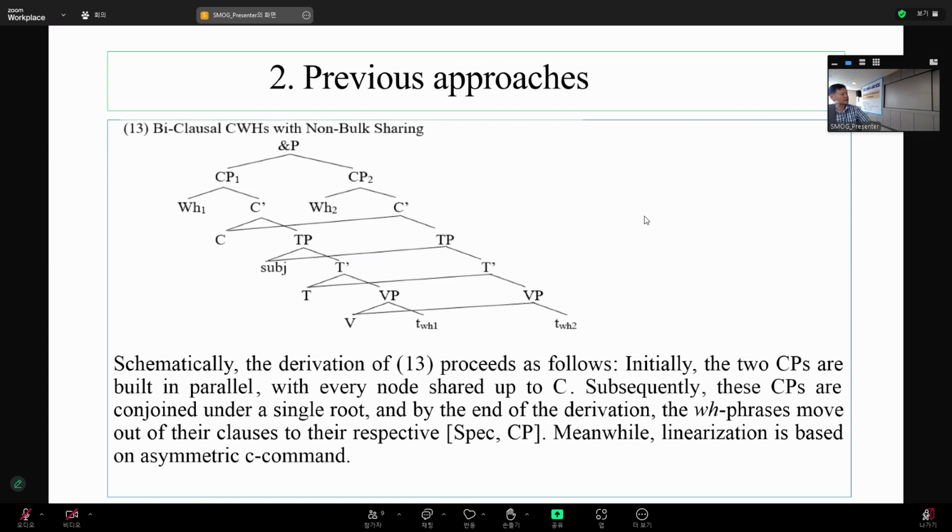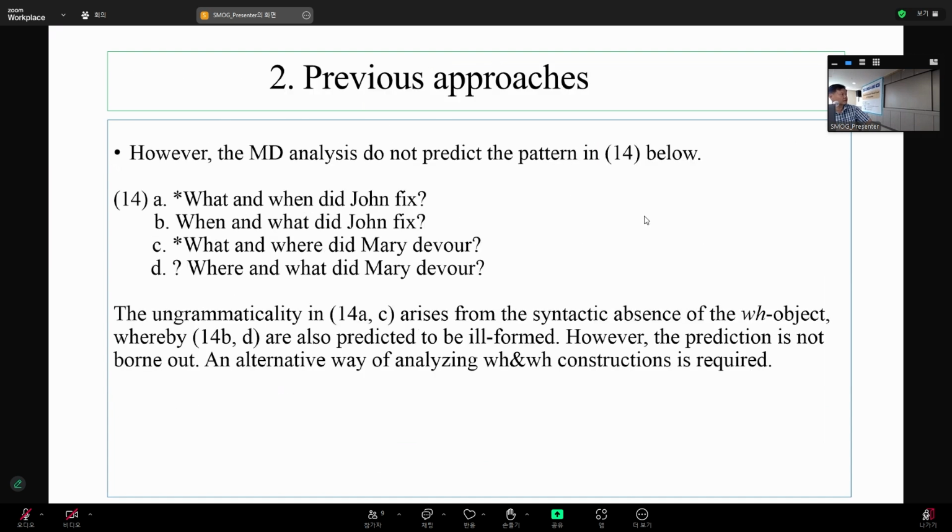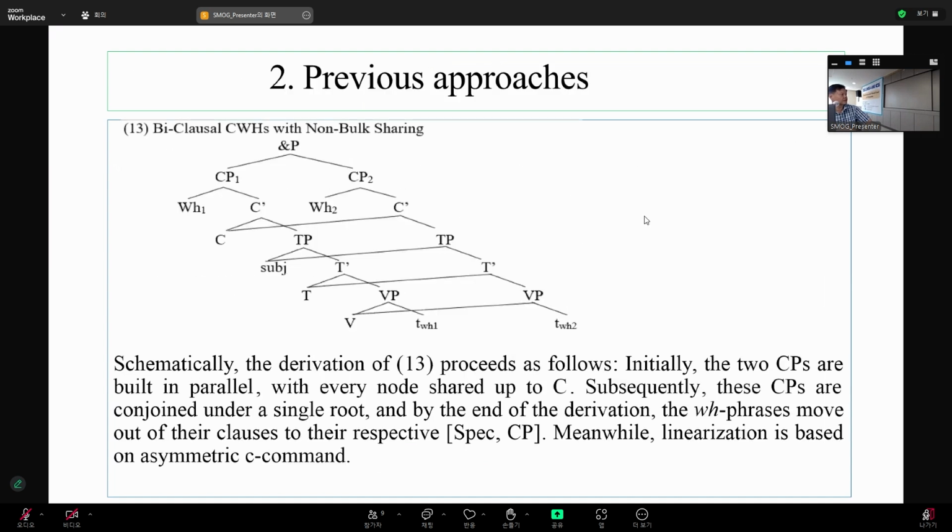Okay, if I put it schematically, the derivation of 13 proceeds as follows. Initially, two CPs are built in parallel, and every node is shared by the two CPs.